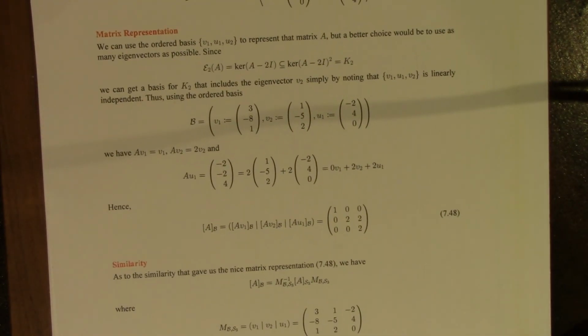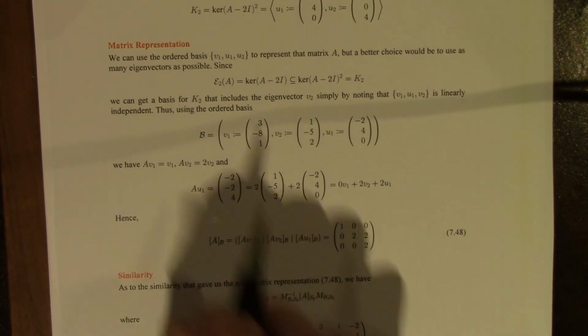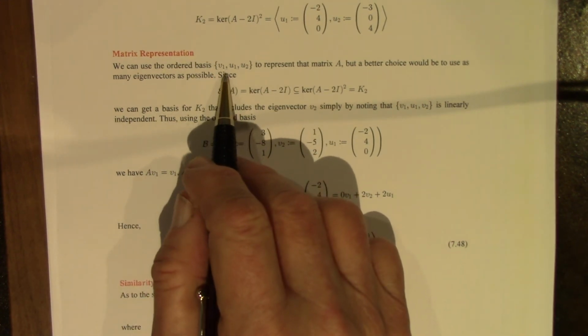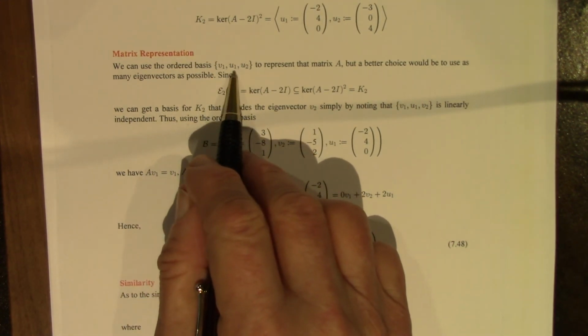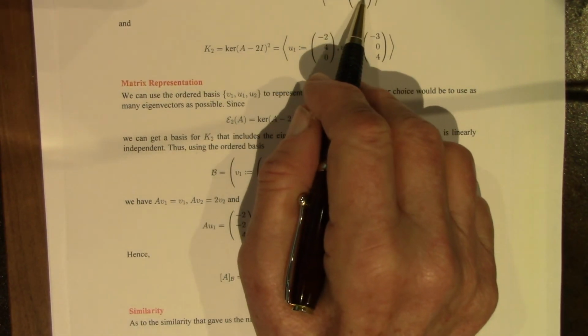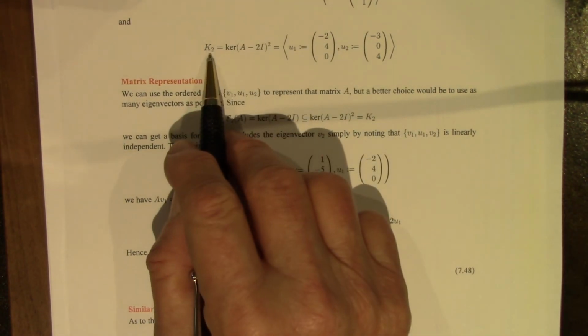As to a simple matrix representation for this matrix, we could use this ordered basis, V1, U1, U2. This by itself forms a basis for K1, and these two form a basis for K2.